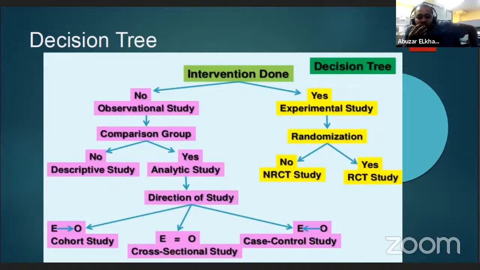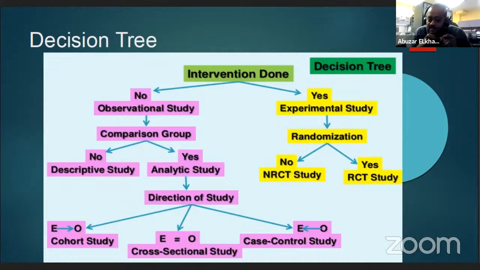An analytic study is also subdivided based on the direction of the study. If we have a study group exposed to some kind of exposure now, and we track them in time and look for the outcome in the future, this kind of study is called a cohort study. It is usually prospective, but sometimes a cohort might be a retrospective study.